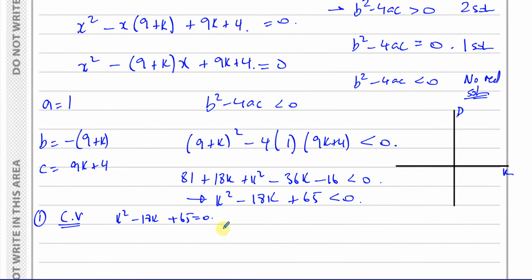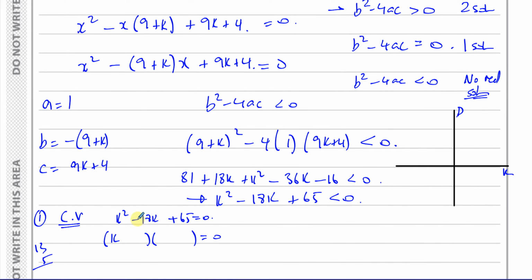The first thing here is to factorize this. I think that this factorizes with 15 and 3. No, 15 times 3 is 45. For 65, 13 and 5. 13 and 5, that's the one. 13 times 5 gives us 65, and 13 plus 5 is 18.